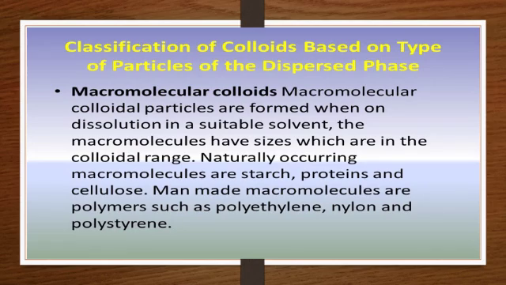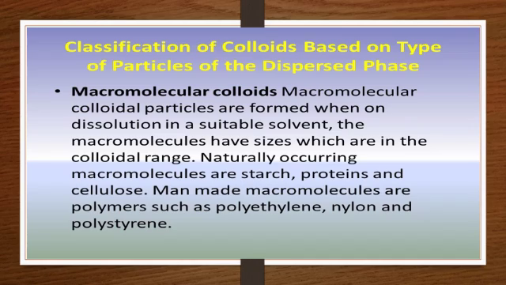And next one is macromolecular colloids. Big size particles are called macromolecules. The colloid which is formed by mixing macromolecules having size more than 1000 nanometer into a suitable liquid, which get dissociated into small particles having size in the colloidal range, is called a macromolecular colloid.